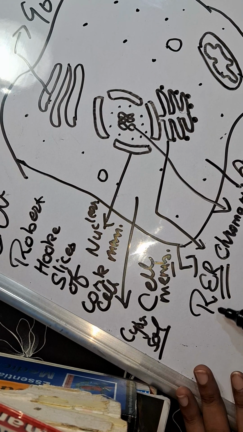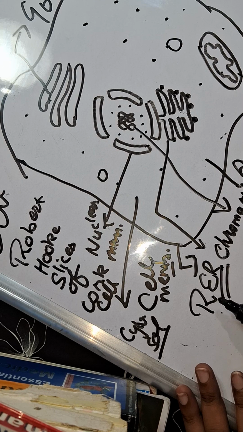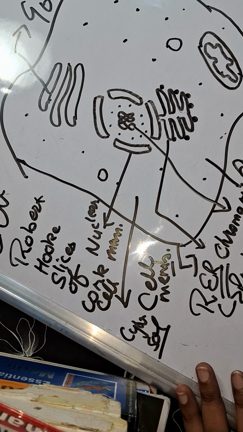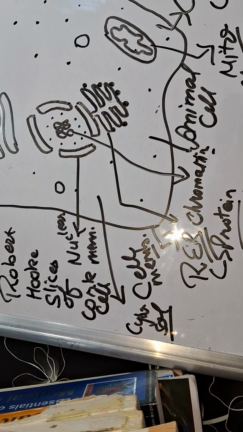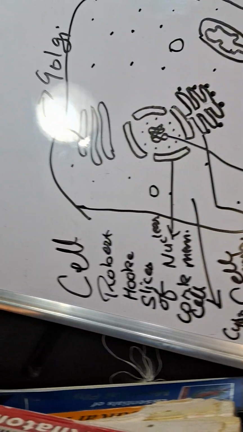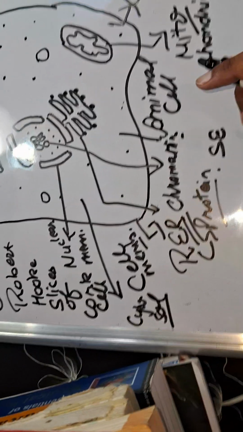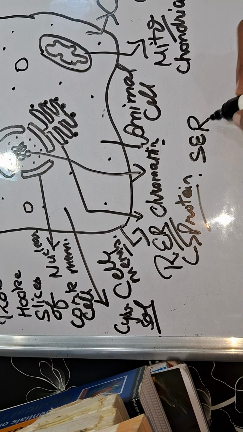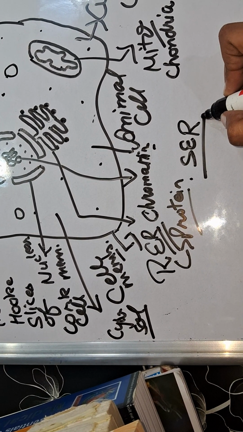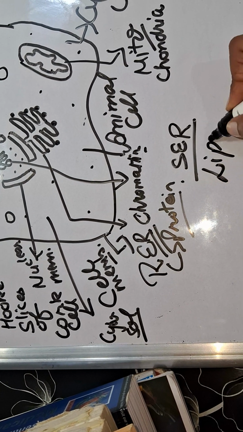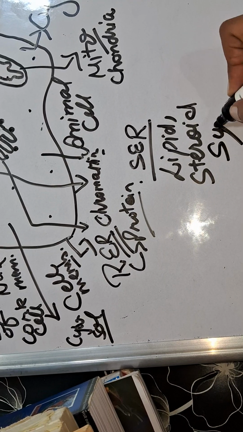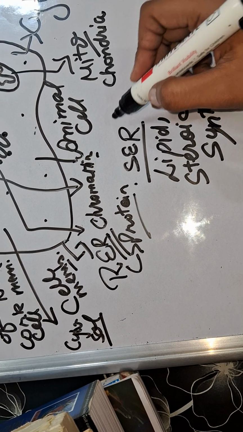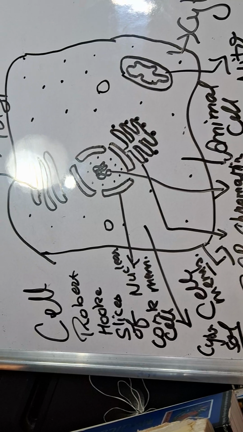So the main purpose of the rough endoplasmic reticulum is to synthesize proteins. The smooth endoplasmic reticulum, which is without ribosomes, is where lipid and steroid synthesis basically takes place.